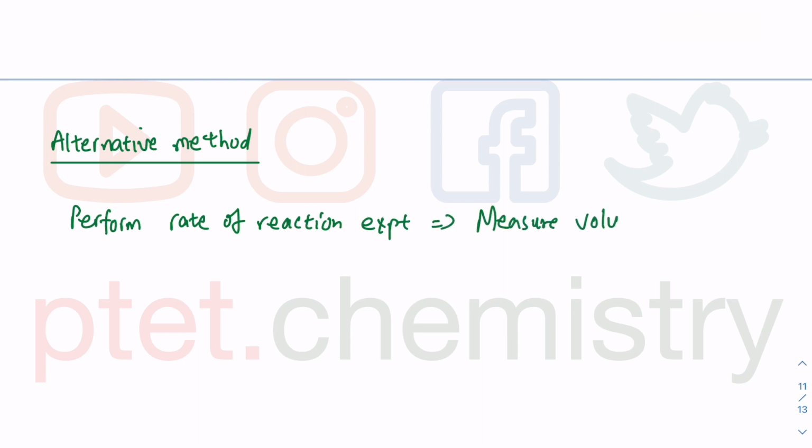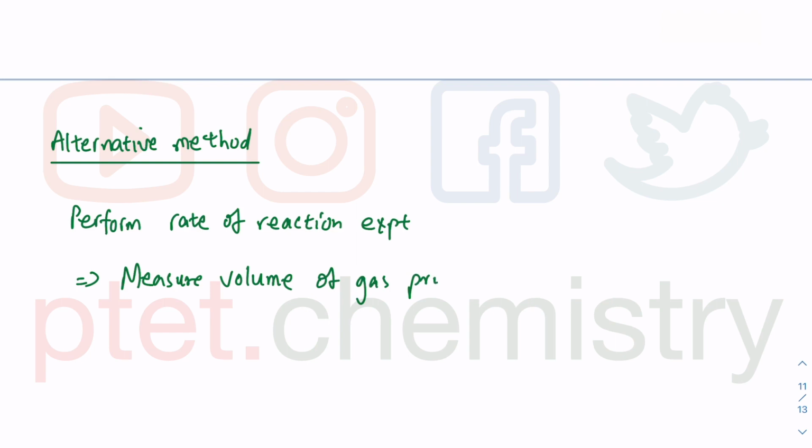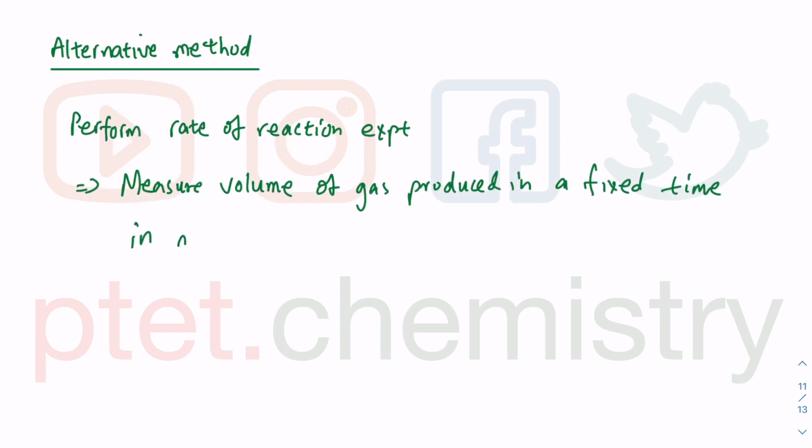So there are 2 ways here. You can measure the volume of gas produced in a fixed time. So that means after 10 seconds, 20 seconds, you measure the volume of gas in a gas syringe.